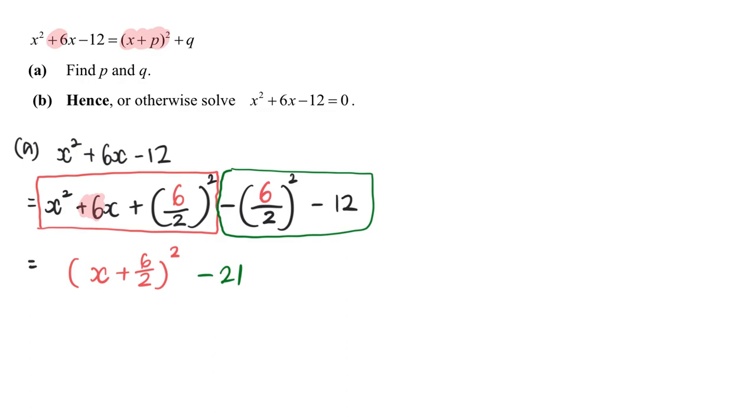To end off, 6 over 2 is actually 3, so I'm going to write it neatly: x plus 3 bracket square minus 21.